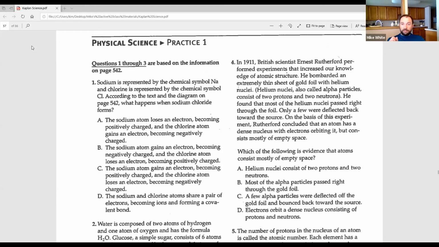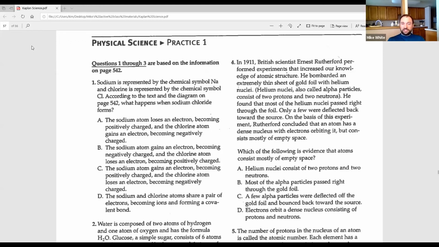So very, very small. He found that most of the helium nuclei passed right through the foil. Only a few were deflected back toward the source. On the basis of this experiment, Rutherford concluded that an atom has a dense nucleus with electrons orbiting around it, but consists mostly of empty space.